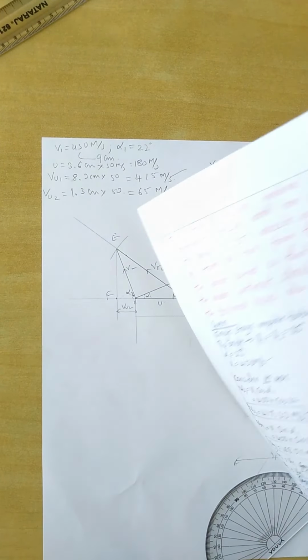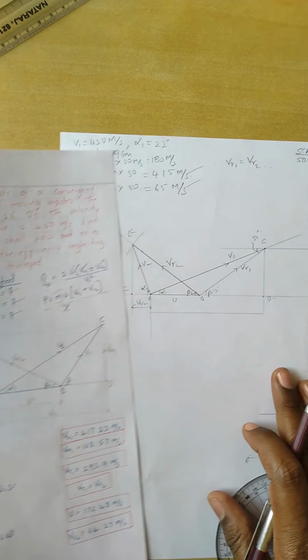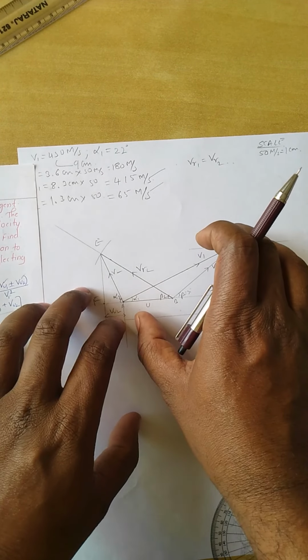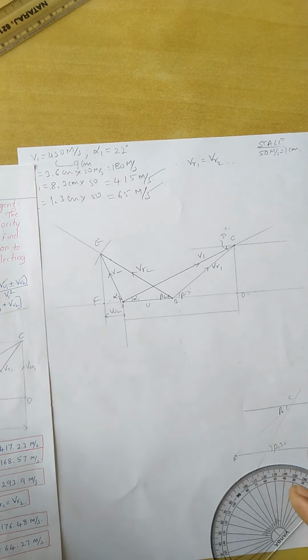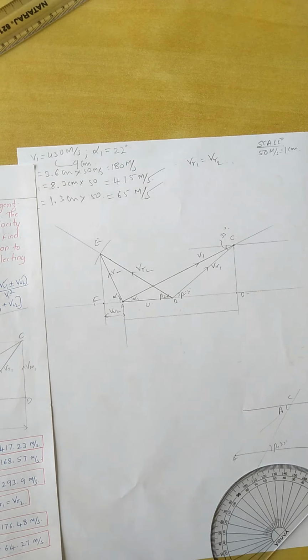So we have solved this problem using the mathematical formula as well as the graphical method, and we got almost similar answers with very little deviation. So in the examination you can solve either by the graphical method or by using the formulas, whichever is convenient to you.